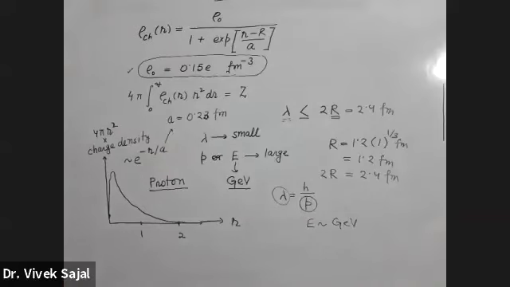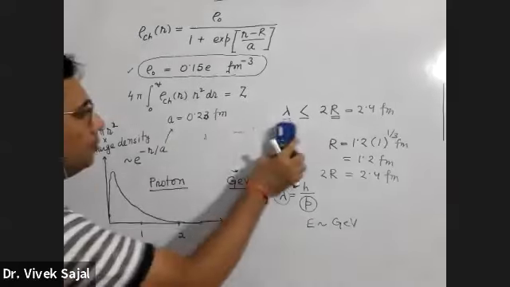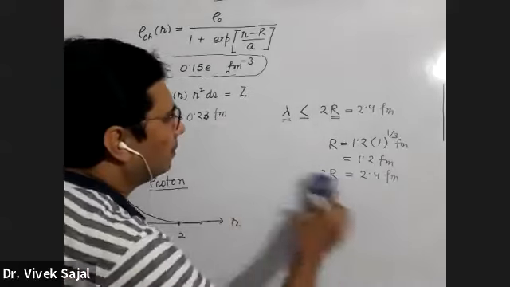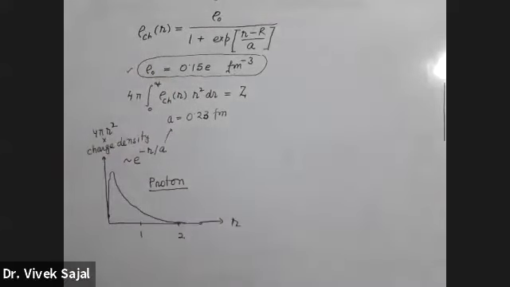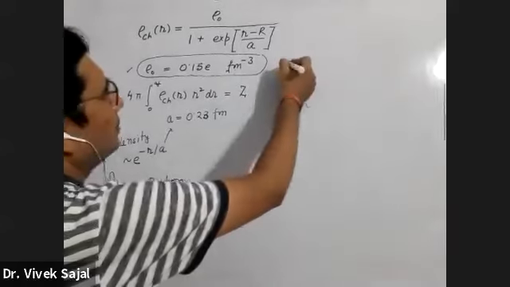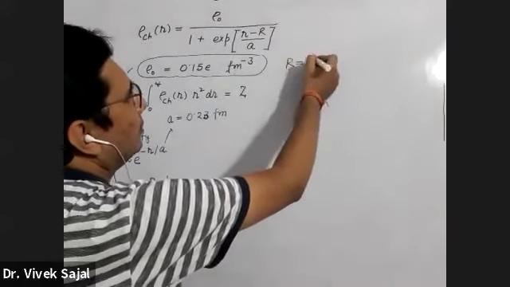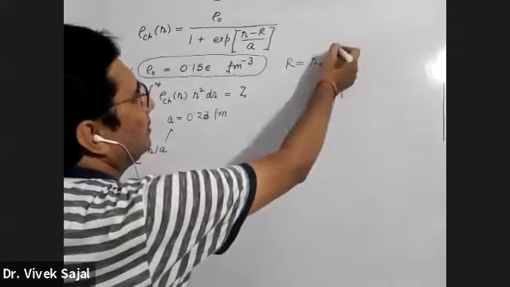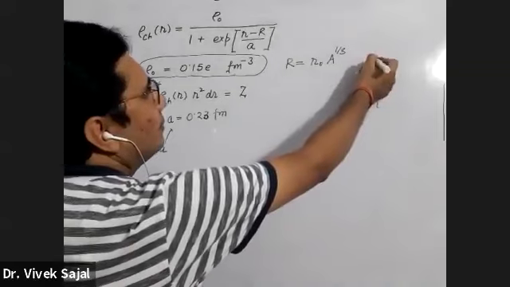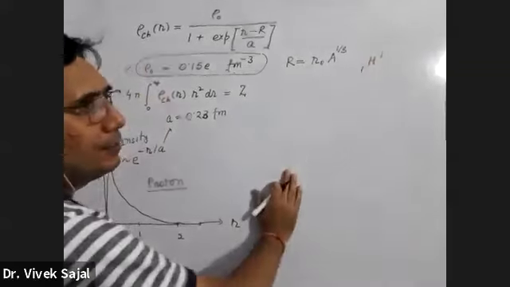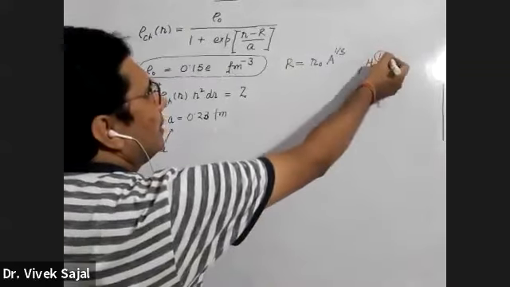Now come to the internal charge distribution of the neutron. The value of R that we took roughly: what is the formula for R? R is equal to R naught A to the power 1/3. The proton is 1H1, so what is the value of A? It is 1.